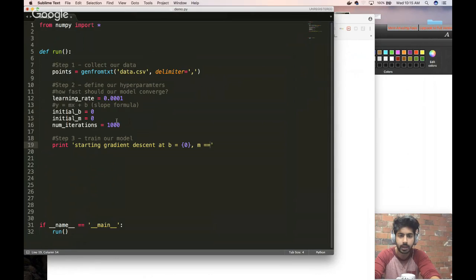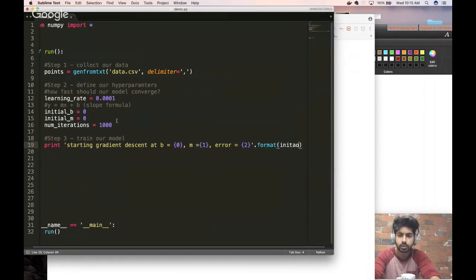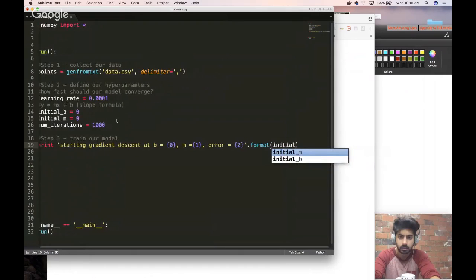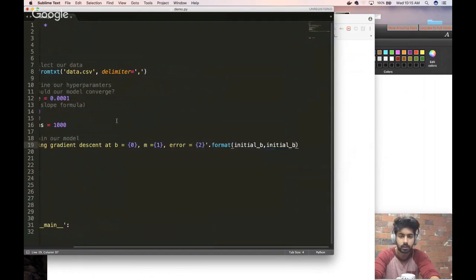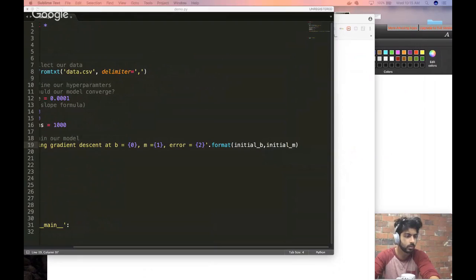For that, we'll say 1. This is just for us to see the difference here. Okay, dot format, initial b, initial m. So what's happening here?